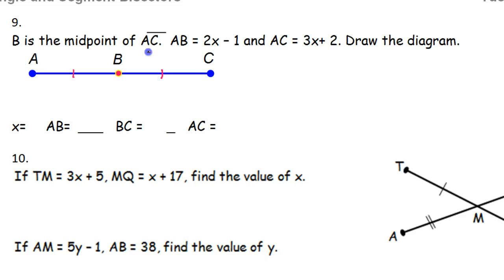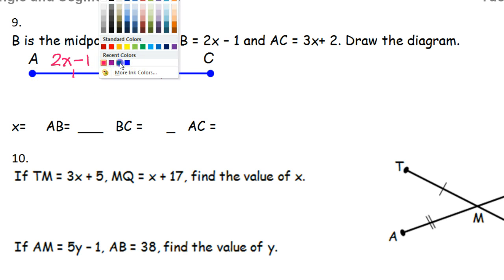Now, the distance from A to B, which is what this means when they just have AB with no symbol, means it's a length. So the distance from A to B is 2x minus 1. And the distance from A to C is 3x plus 2. I feel like I should do this in a different color.